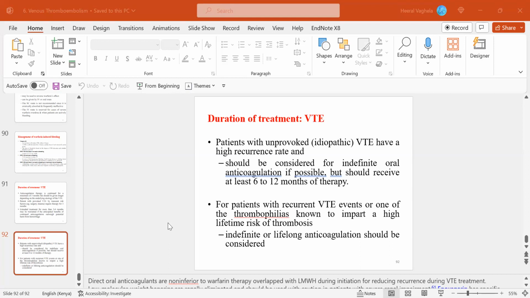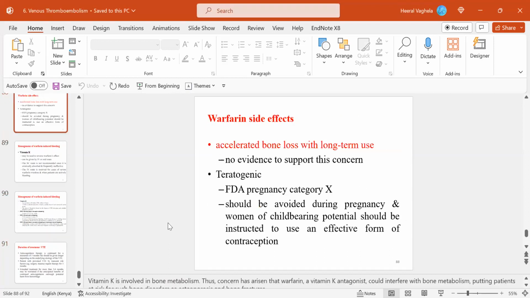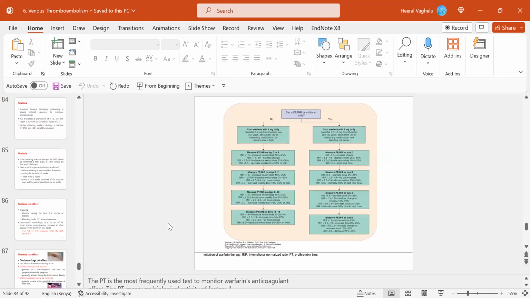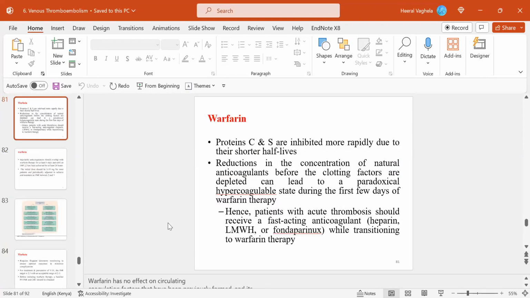So the reduction of these natural anticoagulants before the clotting factors are depleted will lead to a hypercoagulable state in warfarin therapy. Yeah, exactly. That's whatever you said on this slide.